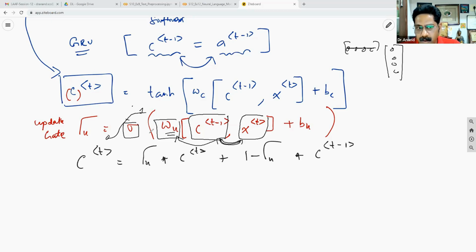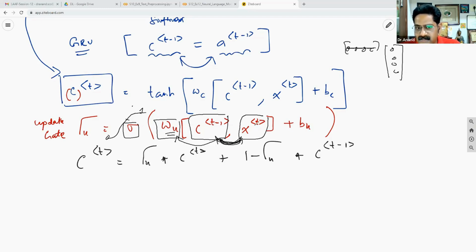When the sigma of this process yields a higher value, the logical perception of the sigmoid activation function over this mathematical operation is that your current token has a high correlation with your past memory, CT minus 1.